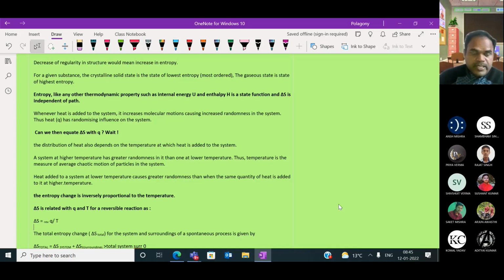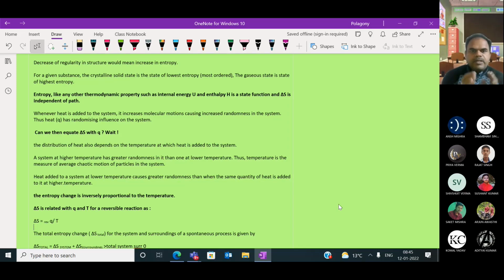Now the question will arise in our mind: is entropy change or heat energy, are both the same or different? So here the entropy change depends upon the heat energy. The heat energy depends upon the temperature difference between the system and the surroundings.